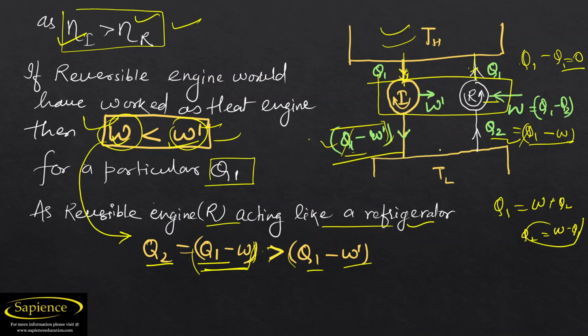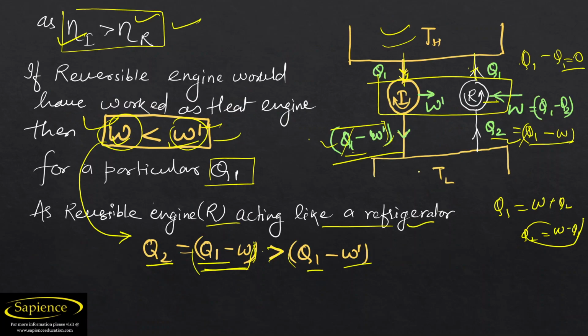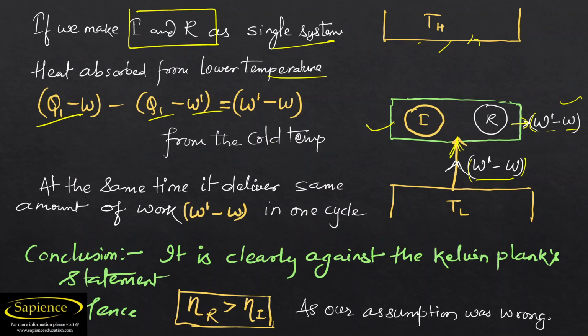So W dash minus W is the heat which is being supplied to both systems, and there is an output work W dash minus W. So now we have seen that the heat absorbed from the lower temperature is Q1 minus W minus Q1 minus W dash. Why so? Because heat absorbed is positive and this is negative, because heat is being rejected. That's why we have combined this. So we have got W dash minus W from the cold temperature.